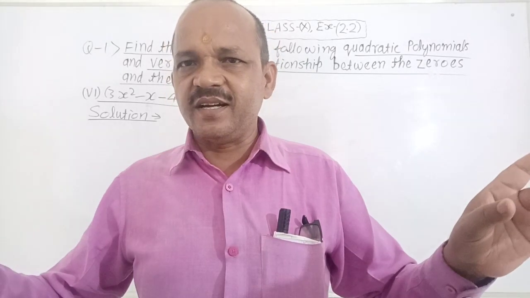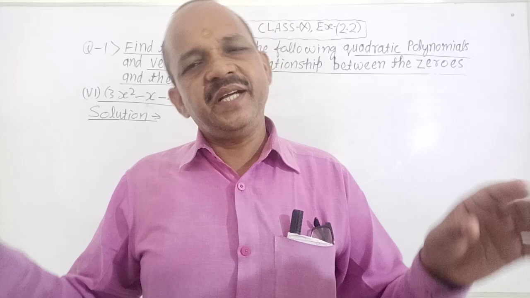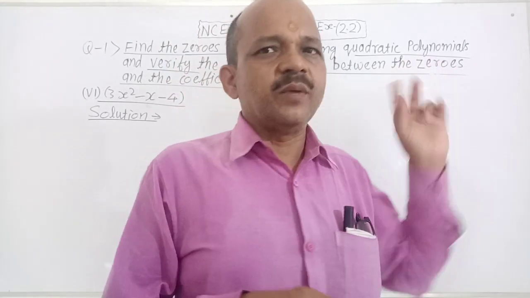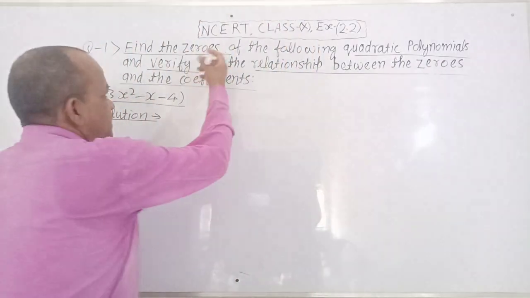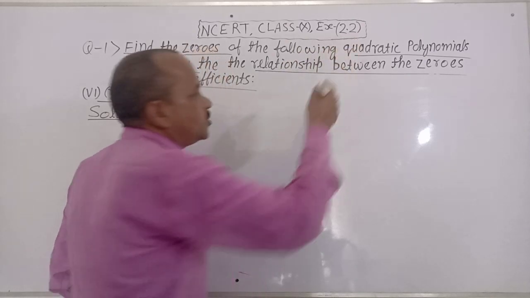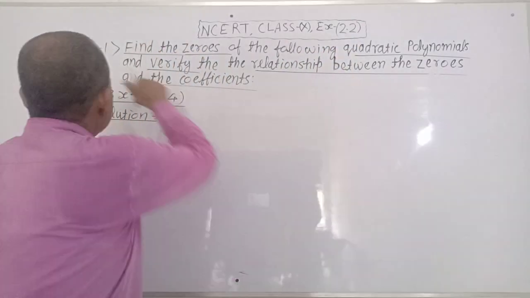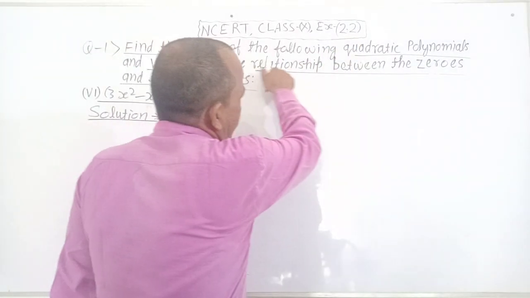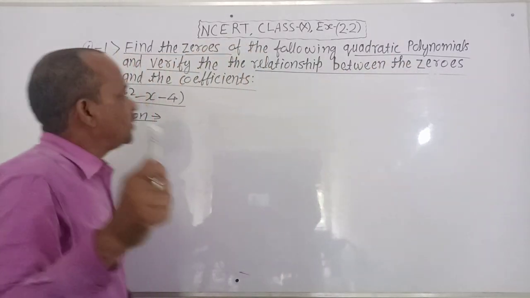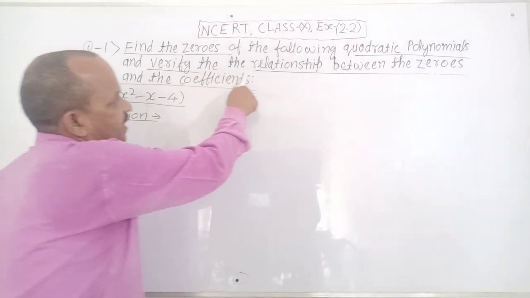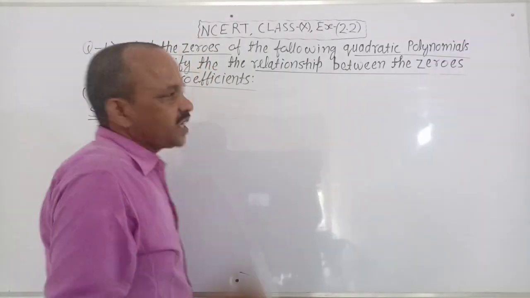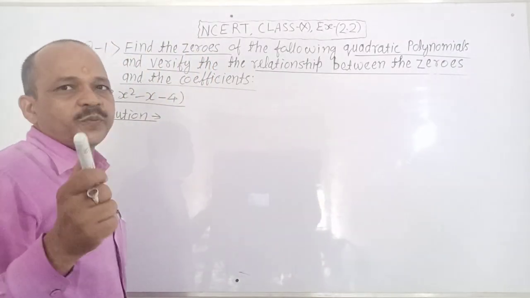My words are clear, no confusion about it. Very good. See the board. NCERT class 10 exercise 2.2. Question first. Find the zeros of the following quadratic polynomial and verify the relationship between the zeros and the coefficients.